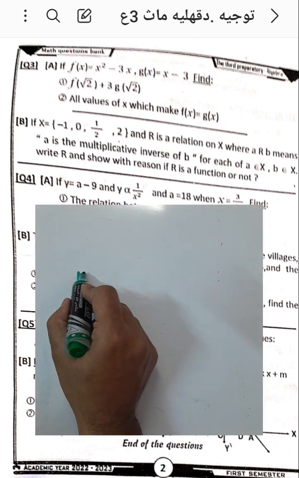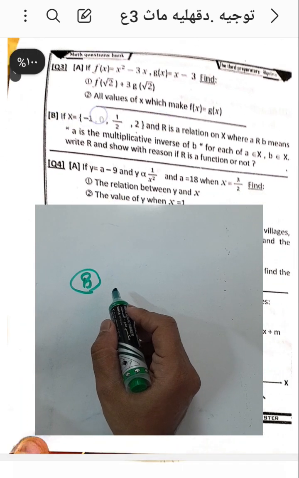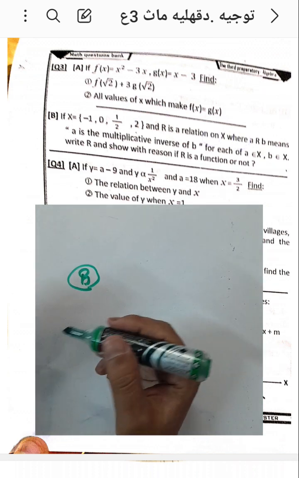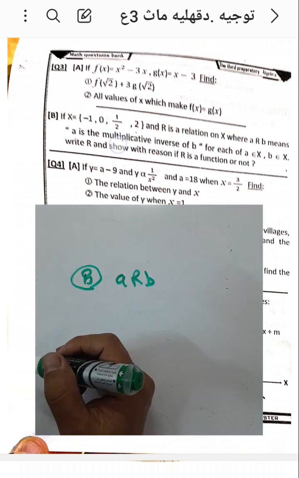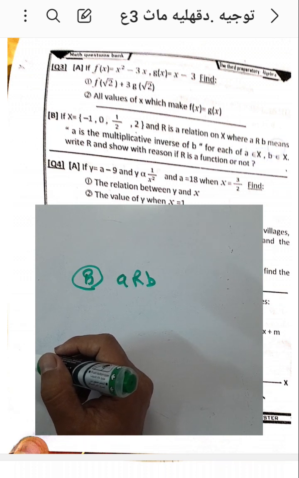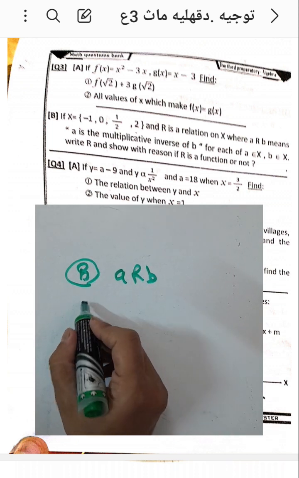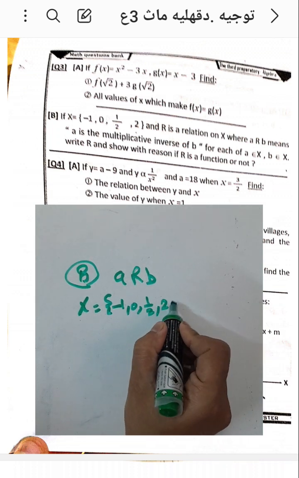Okay, question letter B. If x equals the set of negative 1, 0, half, 2, and R is a relation on x where A relation with B means A is the multiplicative inverse of B, for each A belonging to x and B belonging to x, write R and decide with reason if R is a function or not. Okay, we have a relation between x and itself. We have here x as the set of negative 1, 0, half, and 2.